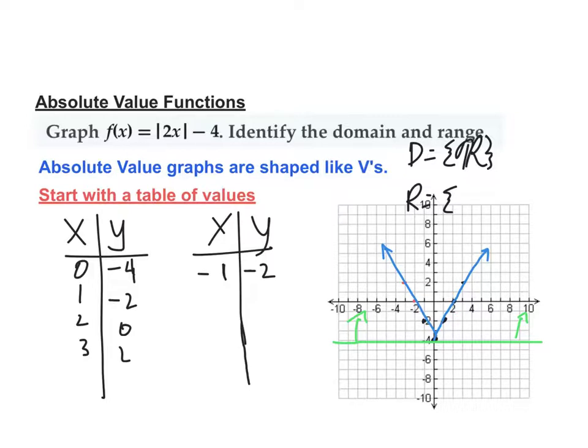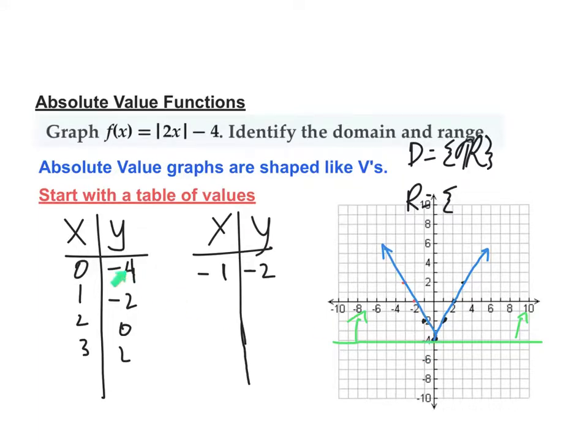So, here's what that means. Because I have a bottom boundary, I'm going to have an inequality that I use to represent the range. And in this case, normally I could say y, but it's really f of x. I'll be real honest, I don't care if you write y or f of x, but you technically should write f of x. And my lower boundary here is at y is -4.